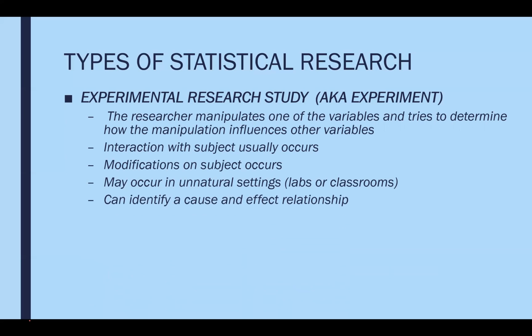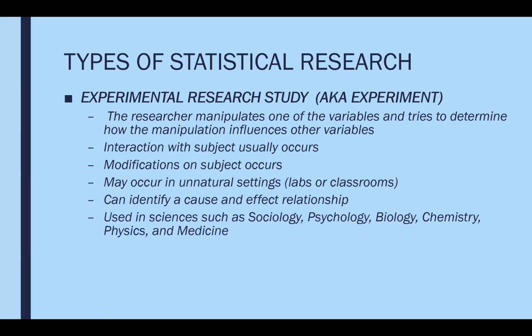With an experimental study, we can look for cause and effect. Because they took this medication, their blood pressure was lowered. So because of A, B happens. You can, with an experiment, look for that cause and effect relationship.